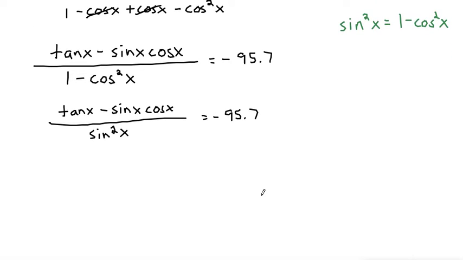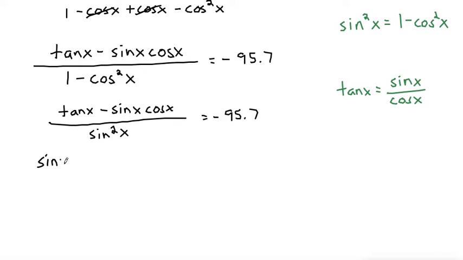Now we want to see how we can simplify this. Remember that tan x is sine over cos. So let's factor a sine out of the numerator.